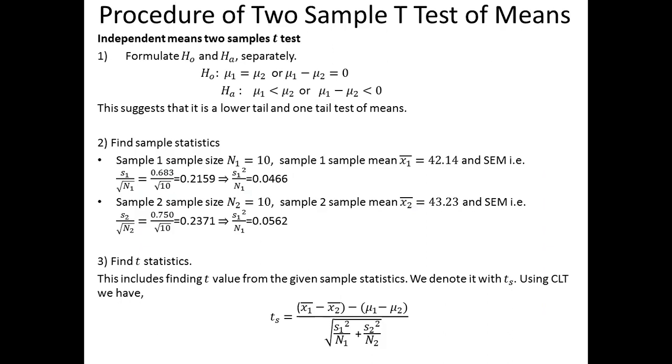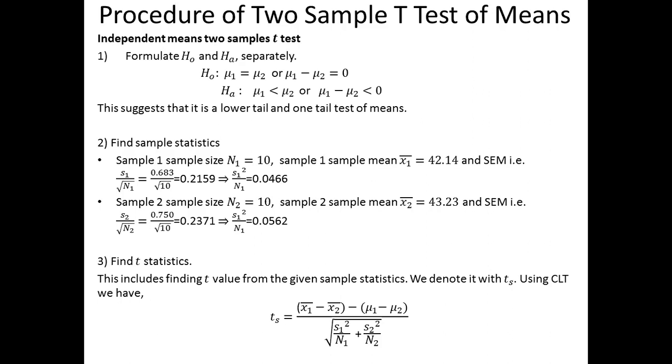Please note that the null hypotheses are standard statements. We cannot change them. So for the two sample t-test of means, the null hypothesis is mu1 is equal to mu2. There's no difference between the two populations, or this can also be put in this way that mu1 minus mu2 is equal to 0.